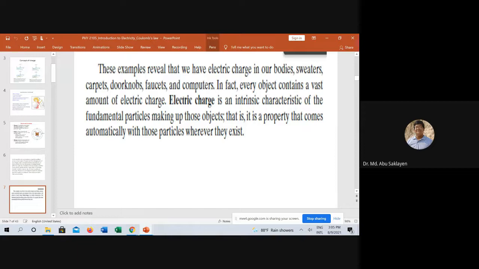Fundamental particle and elementary particle are synonyms, the same. It is given to them automatically, embedded during their creation.